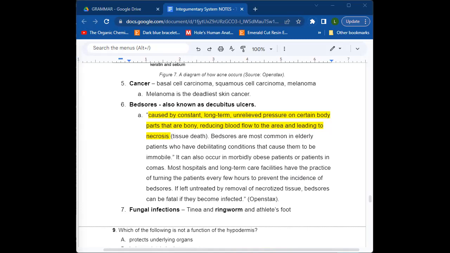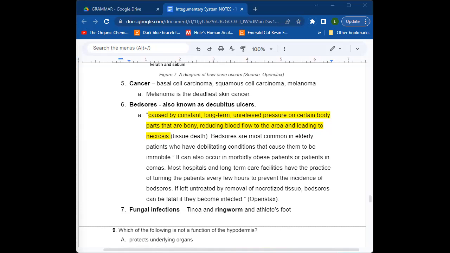People that are paralyzed are at very high risk for decubitus ulcers because they don't even have any sensation. Most people, if they're uncomfortable, are going to think, oh, I need to turn over, I need to get up and walk around. They at least have that sensation. But people that are paralyzed don't get that at all.